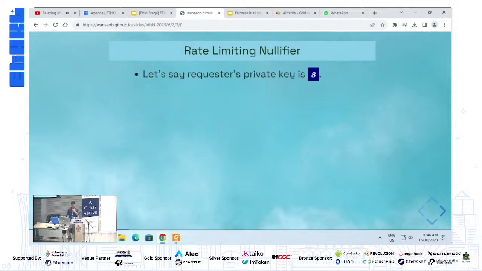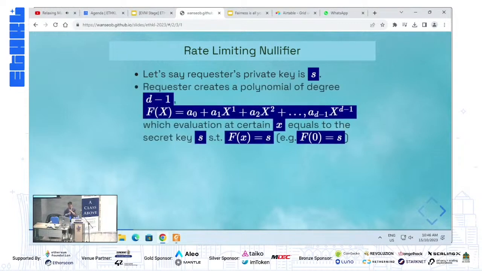In this case, let's say a requester has a private key, which is small s. And then the requester will create a polynomial f(x), whose degree is less than d. And also the relationship here is that f(0) equals your private key.